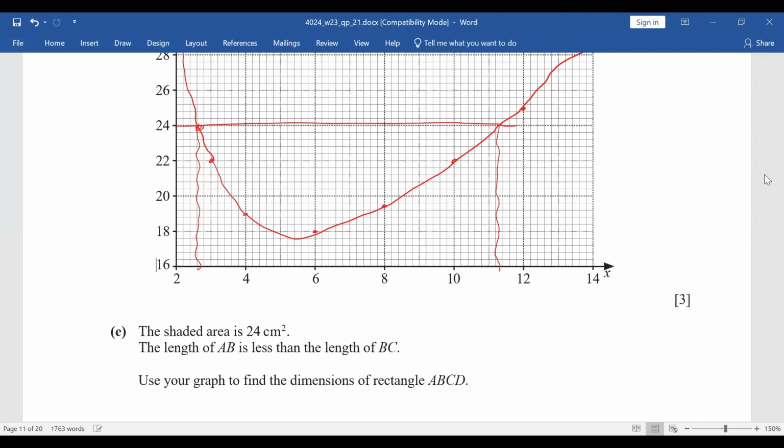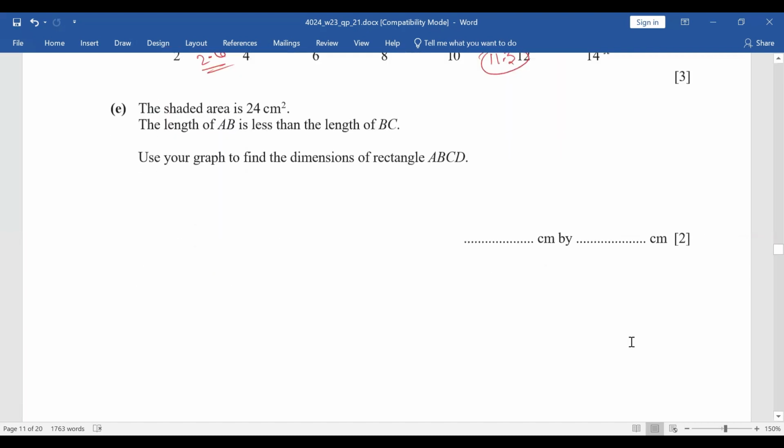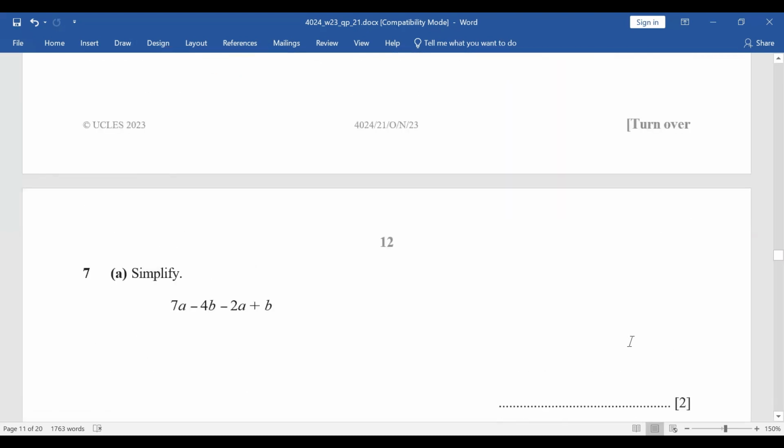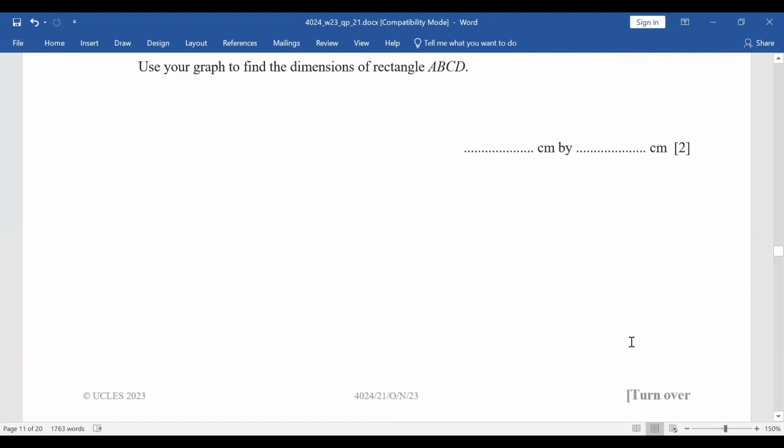this one, which is approximately 2.6, and this one could be 11.3. Okay, so 2.6 and 11.3 are the values of x.